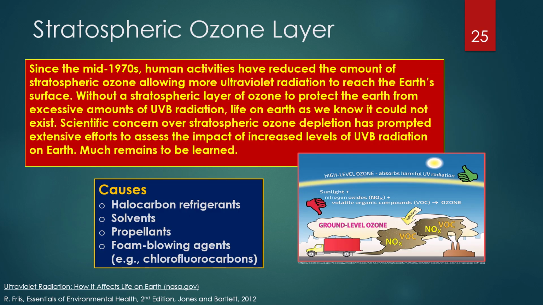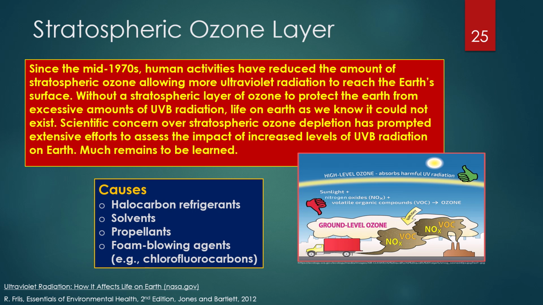Since the mid-1970s, human activities have reduced the amount of stratospheric ozone, allowing more ultraviolet radiation to reach the Earth's surface. The main causes of ozone depletion include manufactured halocarbon refrigerants, solvents, propellants, and foam-blowing agents, for example, chlorofluorocarbons, or CFCs.